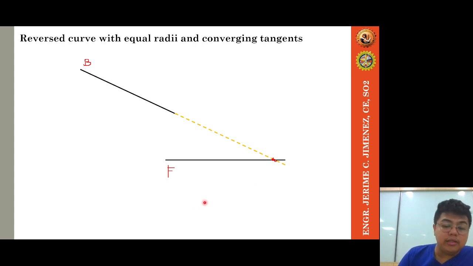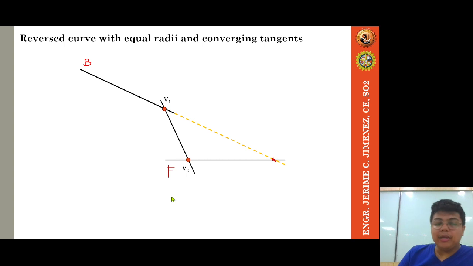So, like in our previous types, let's connect the back tangent and the forward tangent with a common tangent. Okay? The common tangent and the back tangent intersect again. And that intersection is what we call V sub 1. The common tangent and the forward tangent intersect again, what we call V sub 2.